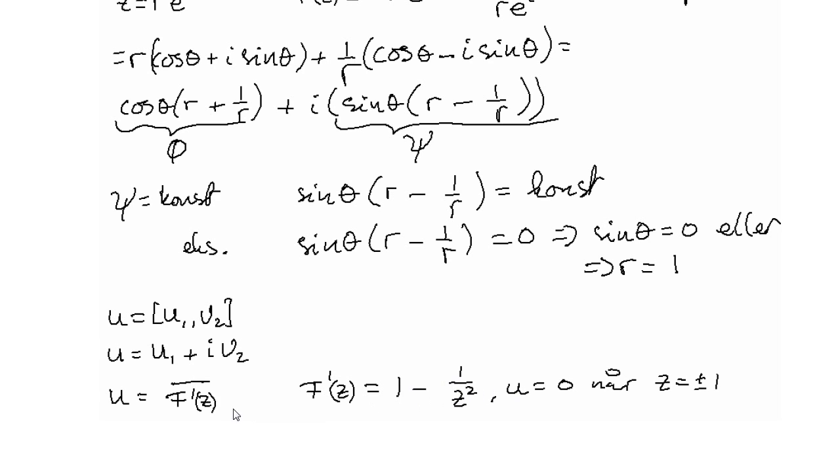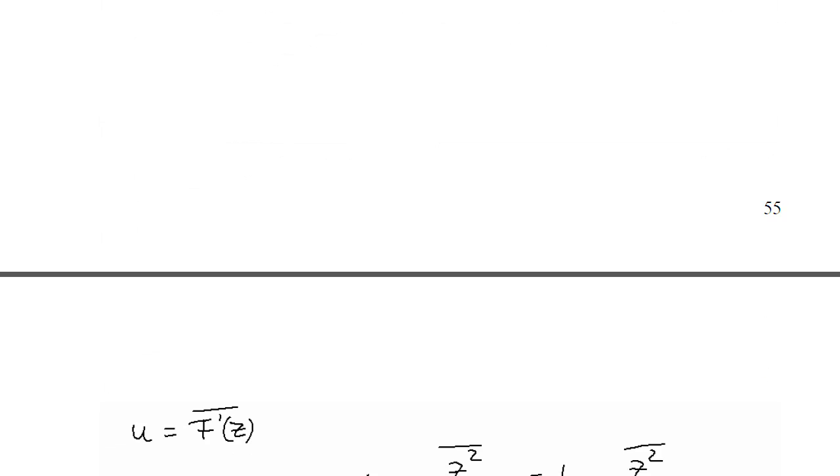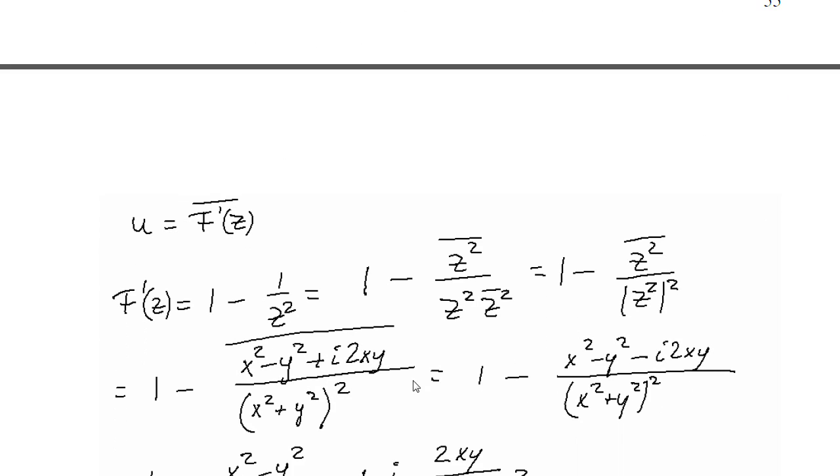So this shows that this velocity is 0 at these points when z is plus minus 1, because then the square of z is equal to 1. Well, we can also find the expression for this velocity field.